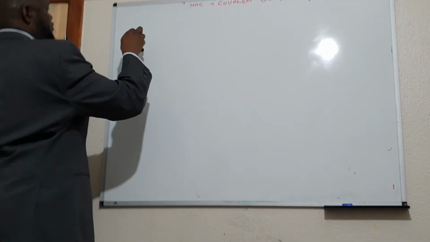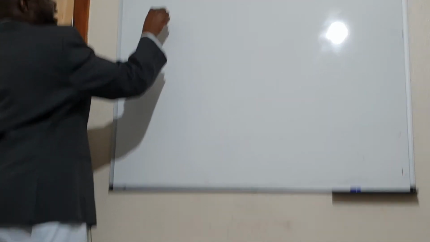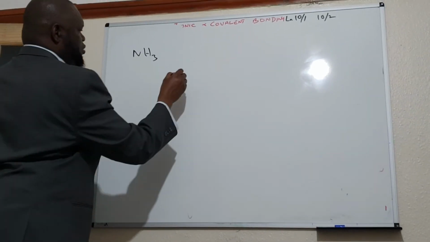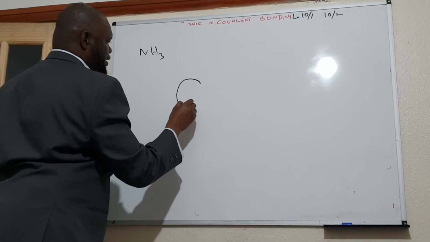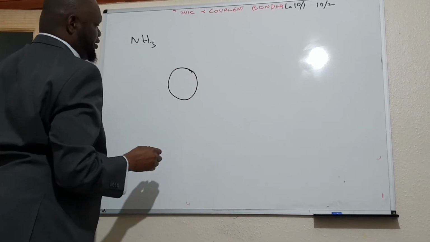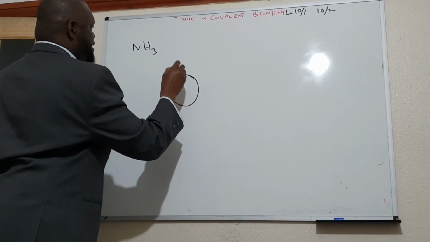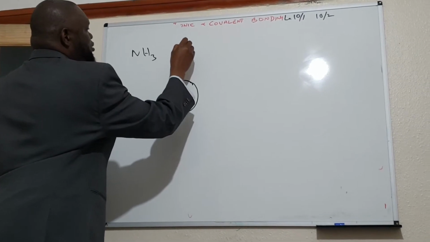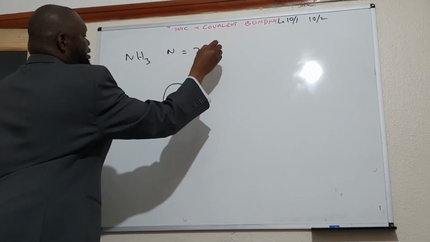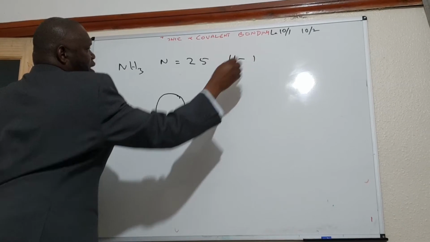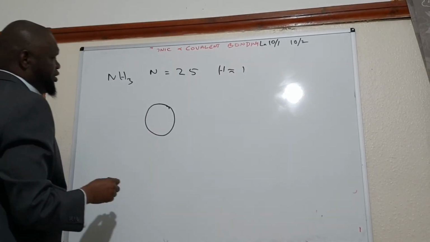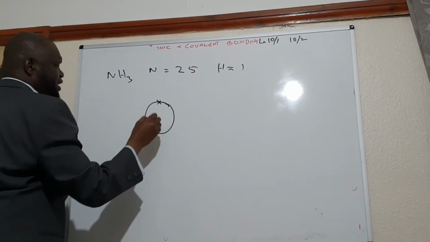One famous covalent compound is ammonia, NH3. We have our nitrogen, which is 2, 5, and hydrogen is 1. So nitrogen has 5 electrons in its outermost shell.